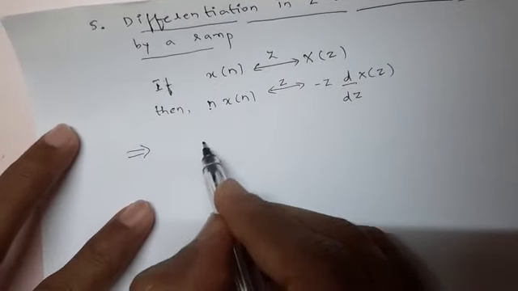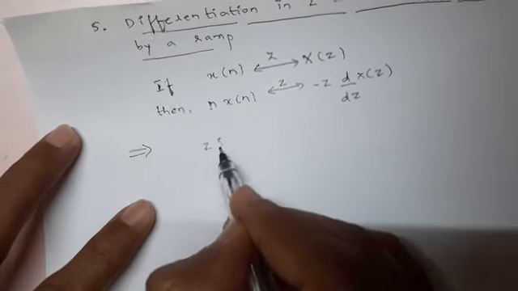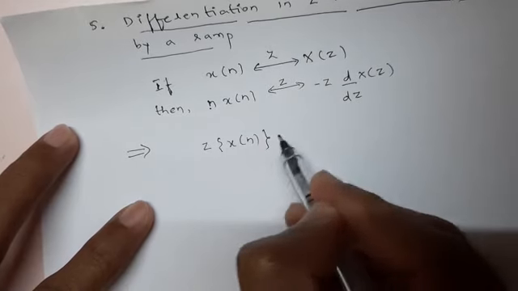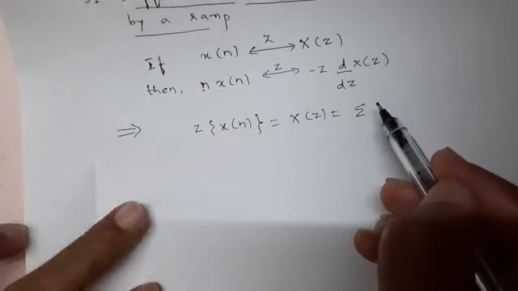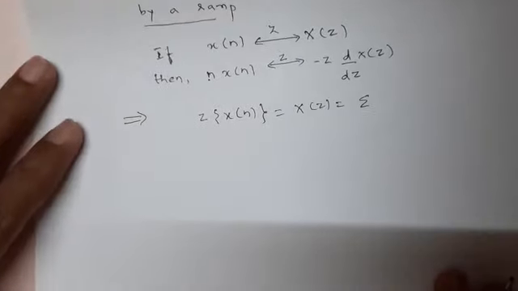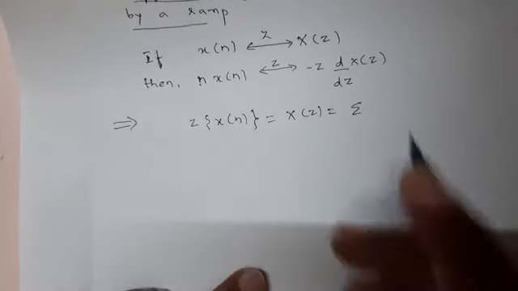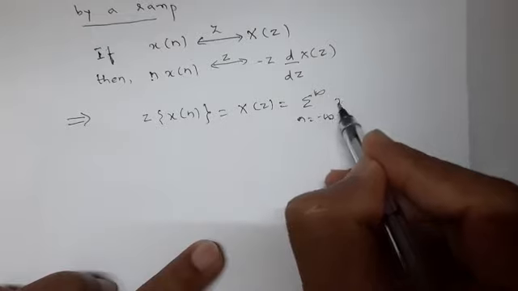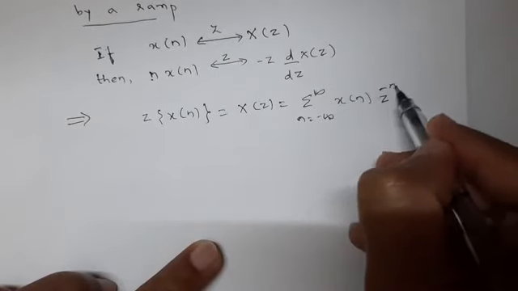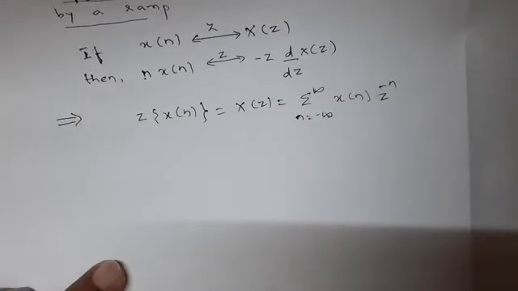Again, the Z transform of x of n, which is X of z, is summation n equal to minus infinity to plus infinity x of n z to the power minus n.